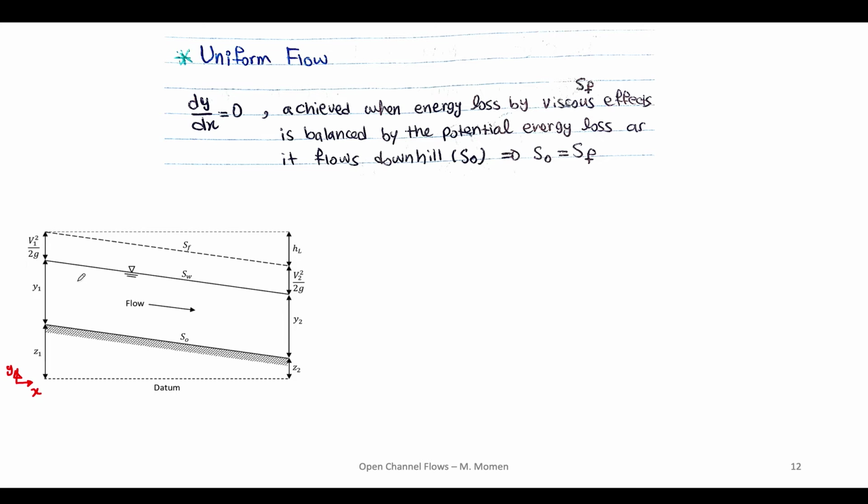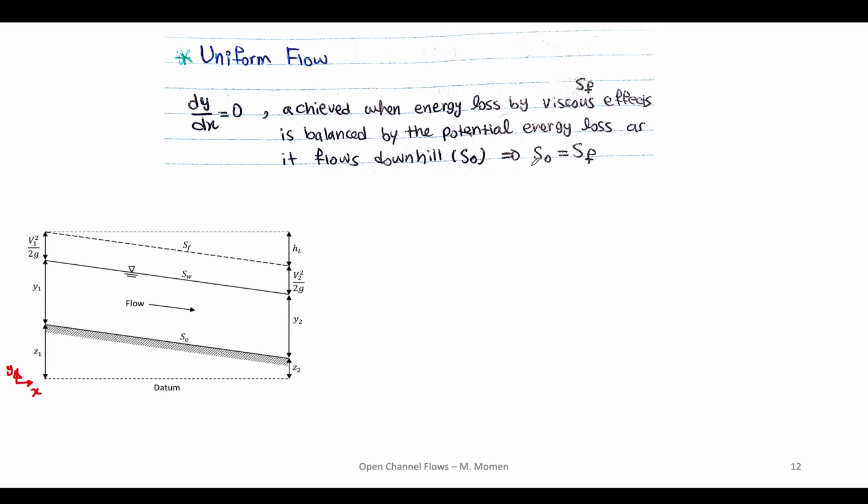So in the energy equation, when the loss due to frictional effects, due to the surface friction or viscous effects on the surface, is balanced by the potential energy that is lost when you flow from an upper elevation to a lower elevation, then you will get dy over dx equals 0, or the depth of the fluid is constant.